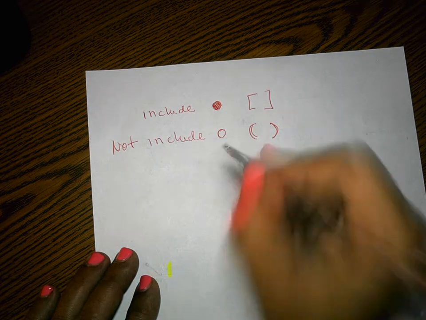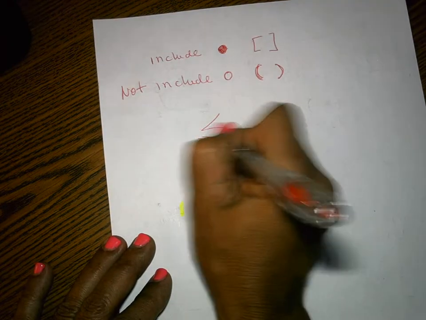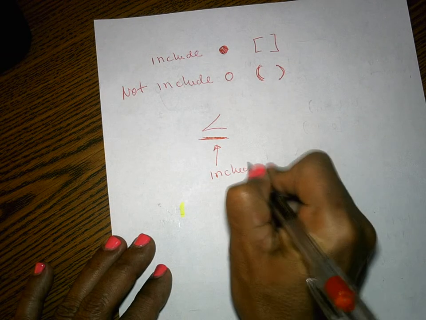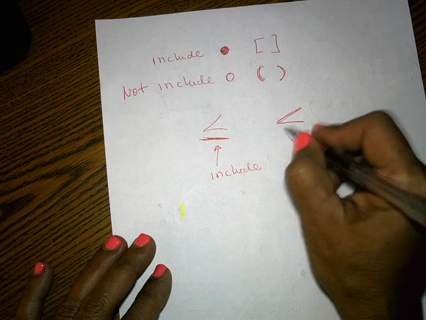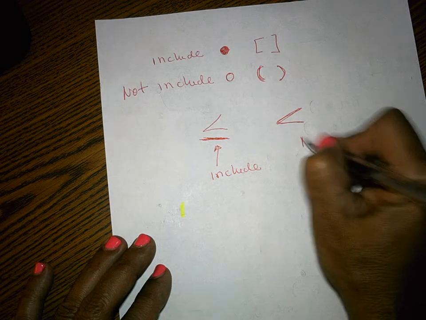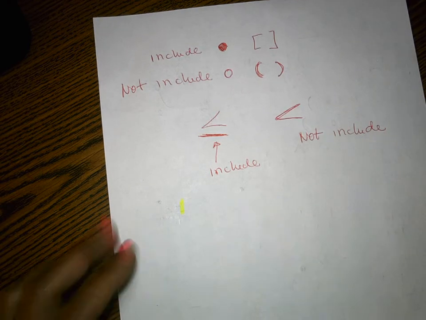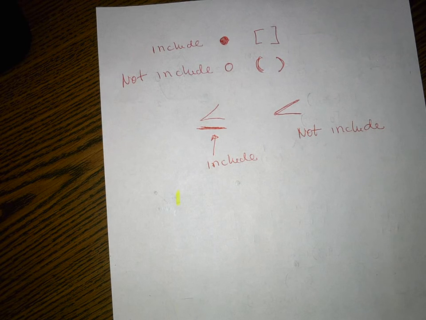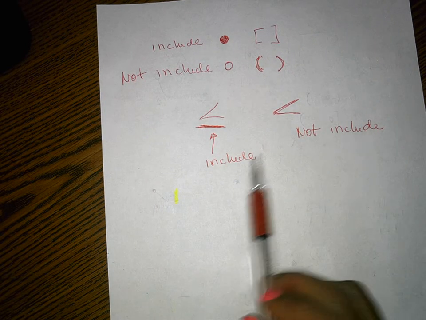So when we have something that has an equal under, this means include. And when you don't have an equal under, that is not include. Okay, so maybe we need to practice that a little bit in class, or send me a message. I'll make another video for us to practice including and not including values of x's and y's.